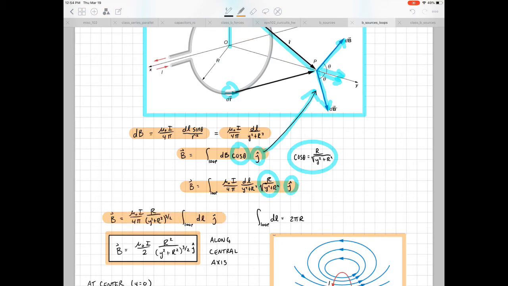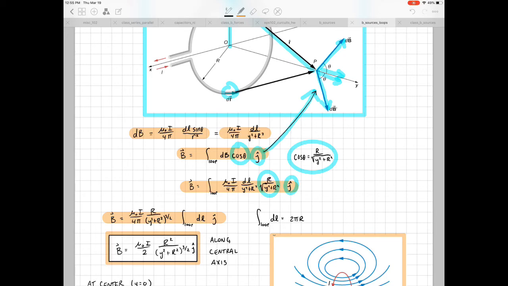So now I'm going to jump to the next line, and you'll notice something interesting. I have pulled all of the terms outside of the integral except for dl. Why did I get to do that? Well, because we're integrating the path over the loop as we go around the loop. That doesn't depend on R, the radius of the loop, which is just a constant value. And y, the variable for how far along the y-axis we are, is also not related to going around the loop.